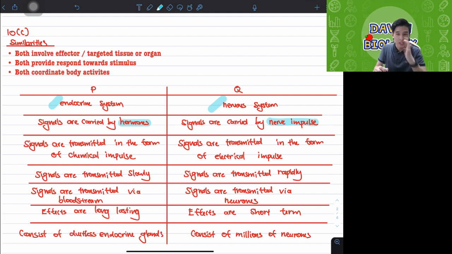Okay, then the remaining differences all relate to these 2 points. Hormone is the main method to transfer message in endocrine system. So hormones are in the form of chemical. Signals are transmitted in the form of chemical impulse. So in BM signal, we can use the word utusan, or you can use the word signal also.